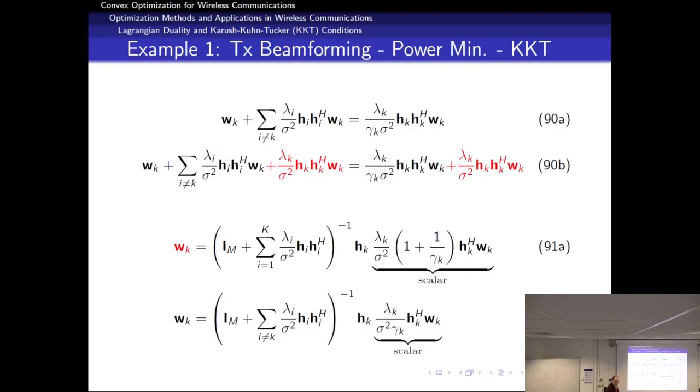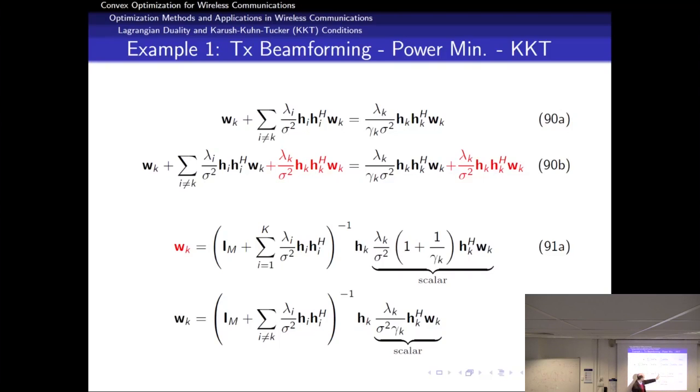Now this looks a bit complicated because you have WK there and WK there, right? But the insight is the following. This is a scalar. And this is a scalar. So this whole term here is a scalar. So you can just say, okay, let's imagine this is a scalar. This is a vector. And so I have a scalar multiplied by something that is a vector.